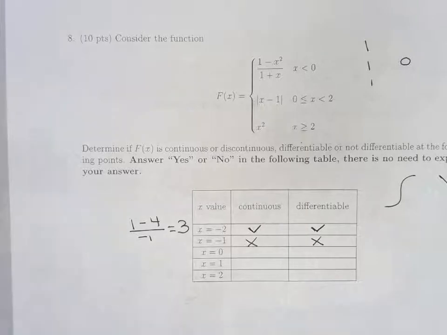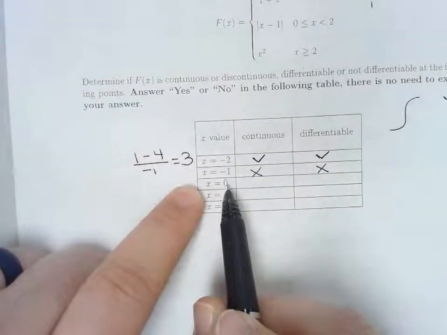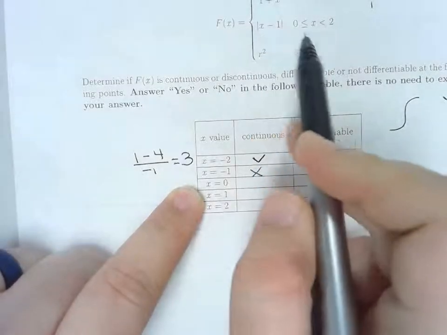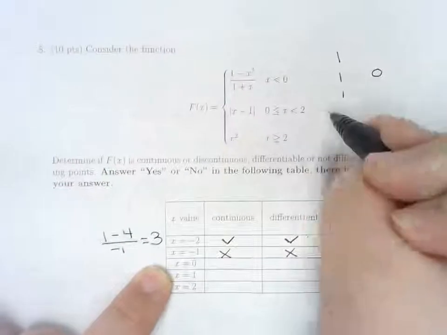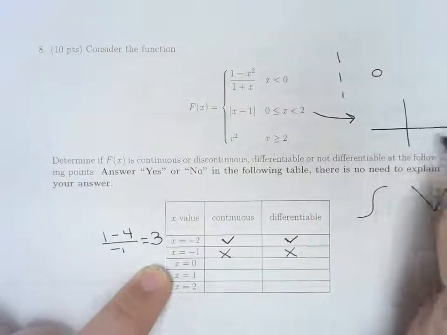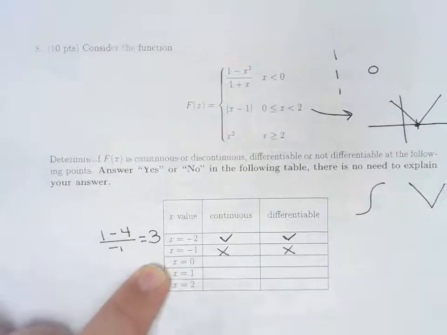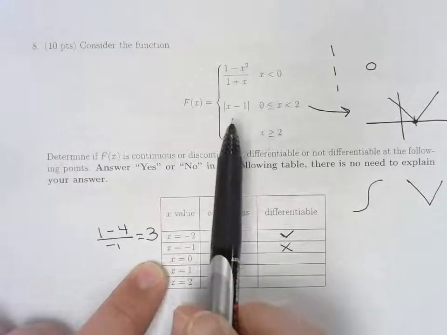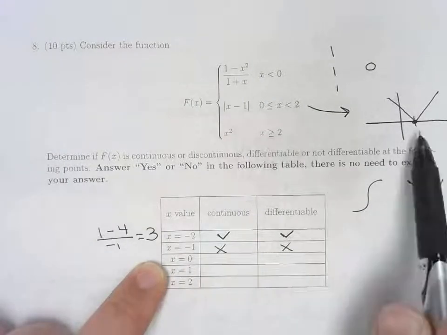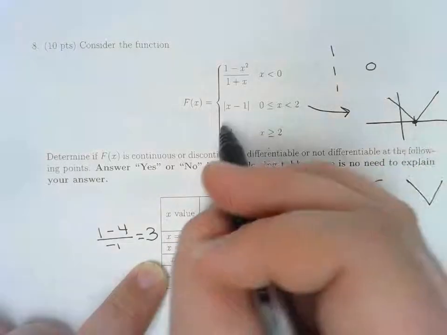If I look at 0, 0 will be what part? The middle. The middle part is absolute value. So let's just sketch this real quick. This is an easy absolute value, the V shifted to the right one. If I plug 0 in, does this graph exist when x is 0? Yes, it's 1, as you can tell by the graph, or just plug it in.